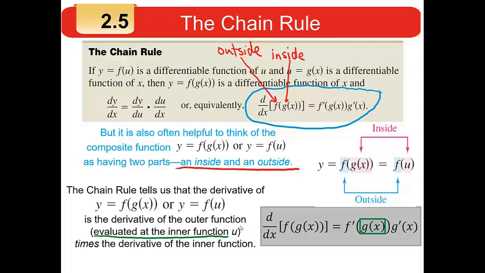So it's the derivative of the outer function evaluated at the inner function and then that is multiplied by the derivative of the inner function. Not so bad. It's the derivative of the outer function evaluated at the inner function multiplied by the derivative of the inner function.